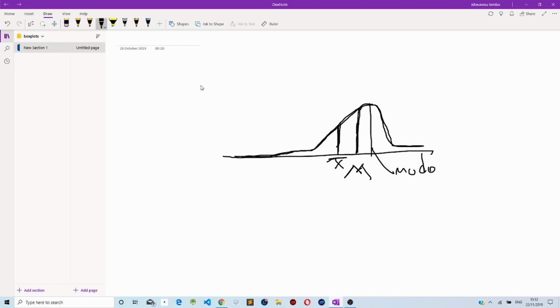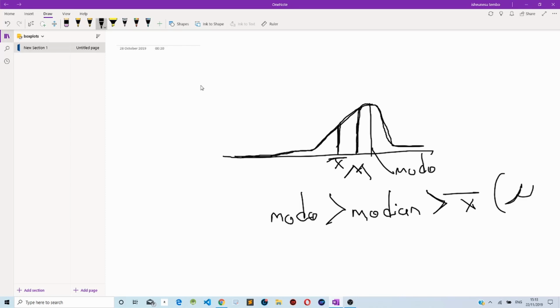So in a negatively skewed curve, the mode is greater than the median, which is also greater than the mean. So always keep that in mind. The mean can also be represented with the sign mu. This also represents the mean.